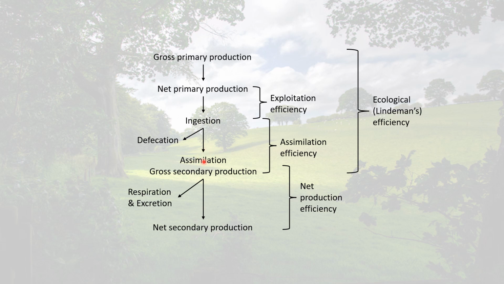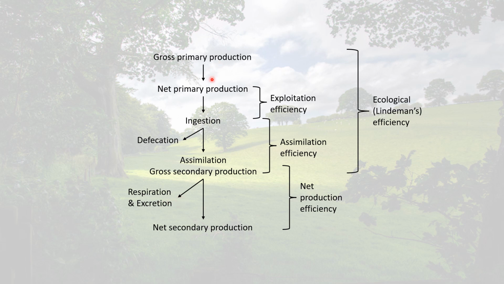After assimilation, the energy produced inside the body of the animal is gross secondary production, and from that we get net secondary production, and due to respiration and excretion some energy is lost.